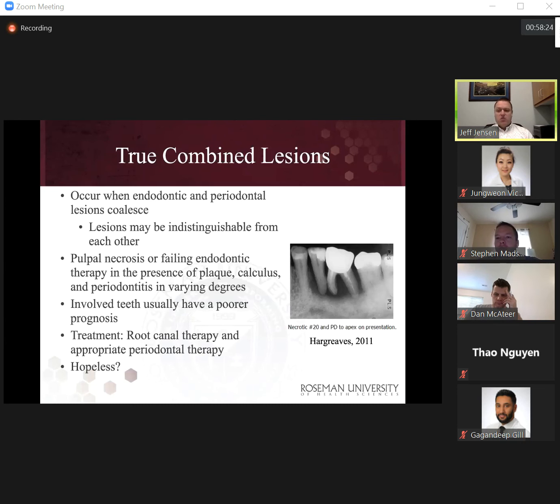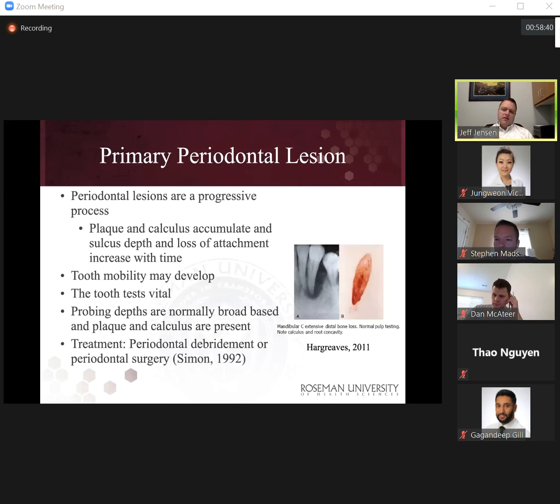But it also has probing depth to the apex. So you have this periodontal lesion and endodontic lesion that are essentially one lesion now, but you have a necrotic pulp. You have to have a pulpal diagnosis to have a true combined lesion. Whereas remember, we looked at this slide, that canine has a vital pulp. So this is therefore a periodontal lesion.